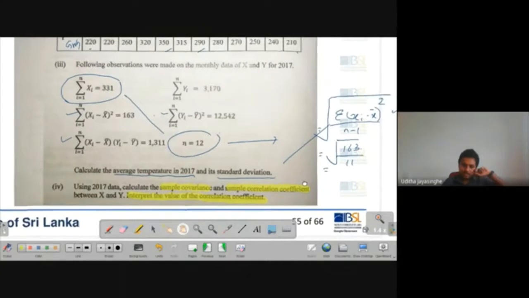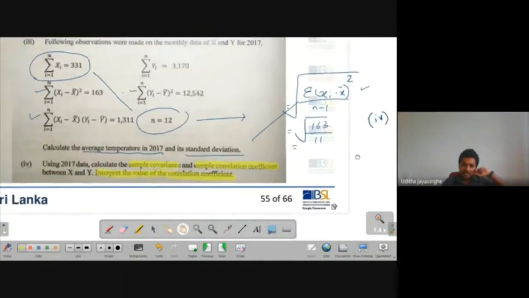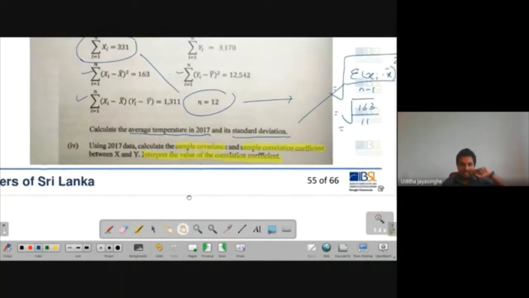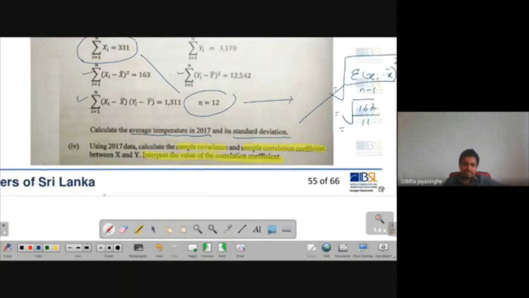First, calculate the sample covariance. It's going to be something like you take xi minus x bar, then you have yi minus y bar. You take the sigma and divide by n minus 1.